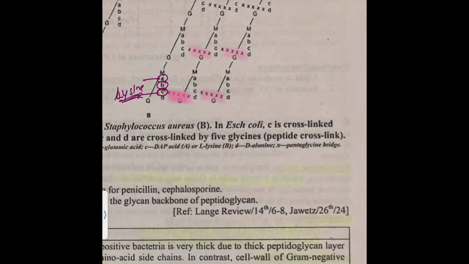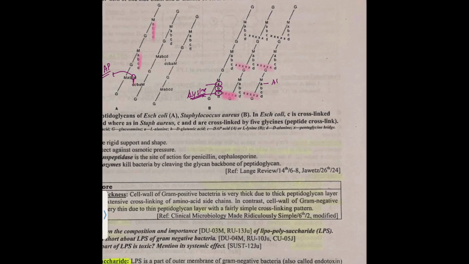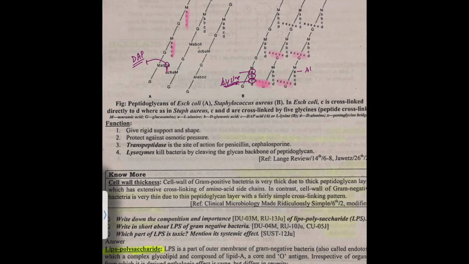So the full form of A is alanine. You can see here, right? A stands for alanine, B stands for glutamic acid.